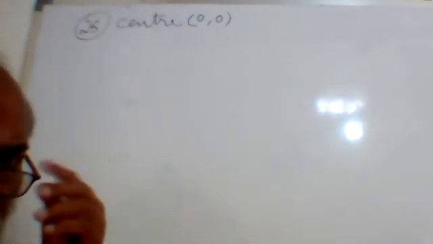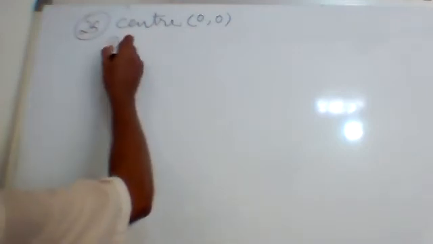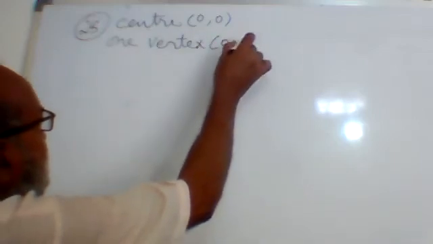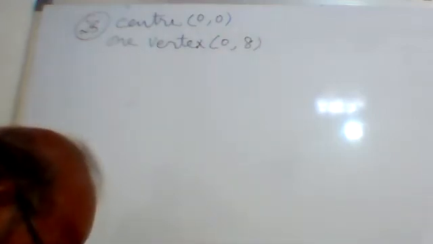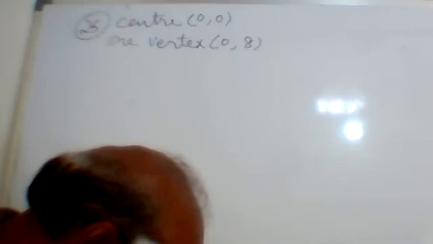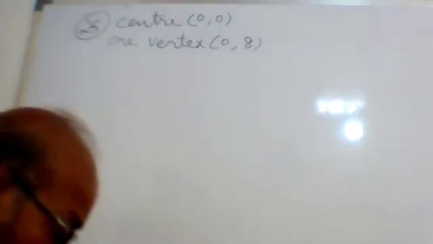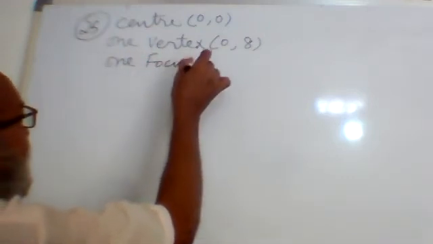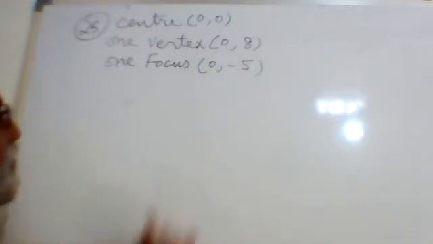Okay. So center at origin, one vertex at 0 comma 8. One focus at 0 comma minus 5. Find the equation.